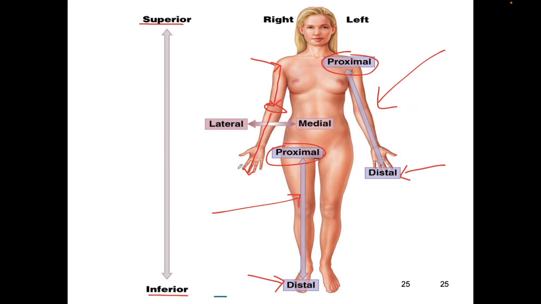If I'm at the fingers and I'm moving proximally, I'm moving towards the head of the humerus again. Now we have medial and lateral. So when we're moving towards the midline of the body, you're moving medially. And when you're moving away from midline, you're moving laterally. So medial and lateral.